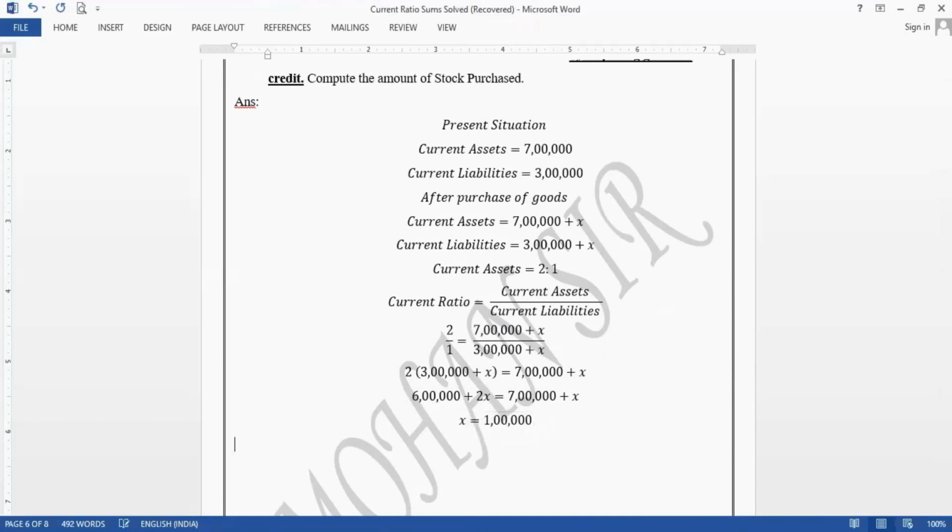Okay, so we can say that the goods acquired on credit amount to rupees 1 lakh, right? This is how you solve the sum.